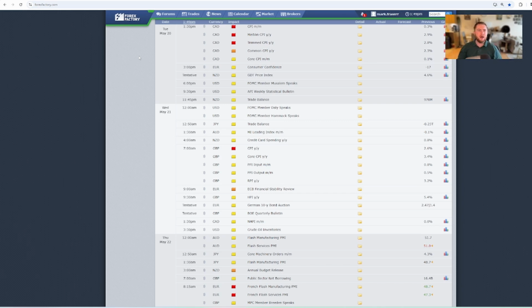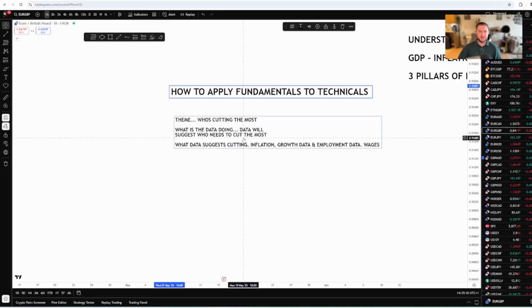What I'm basing it off is if there were no tariffs. Growth data is good, inflation staying sticky. If wages were sticky as well, which they did come out pretty sticky on Tuesday, you would be long the pound versus the euro, the Canadian dollar, the US dollar, the Australian dollar, the New Zealand dollar, the yen, the Swissy, and any other emerging market currencies you like to trade.